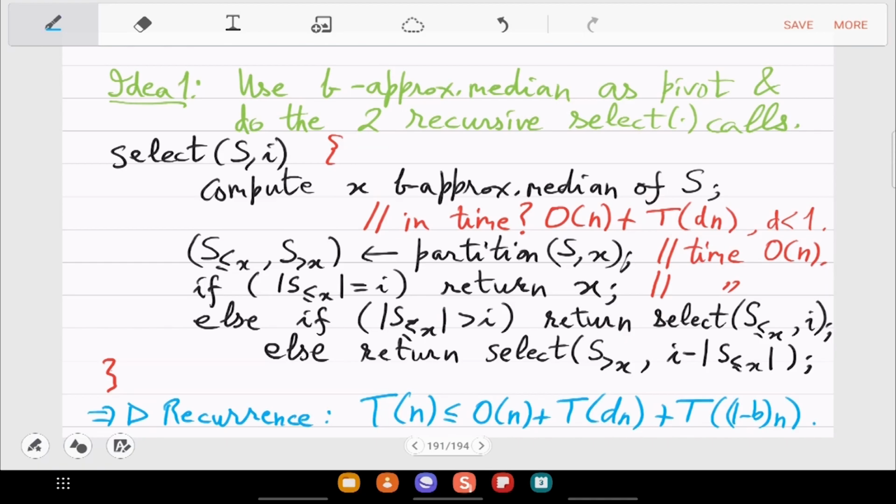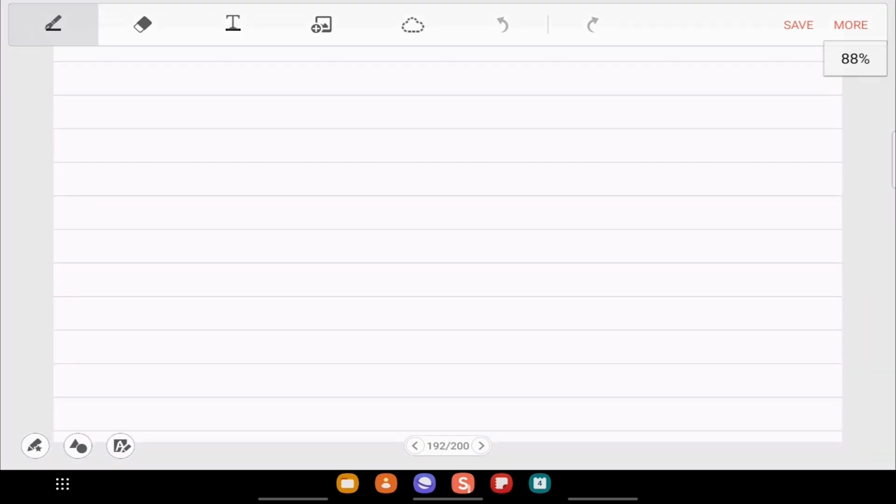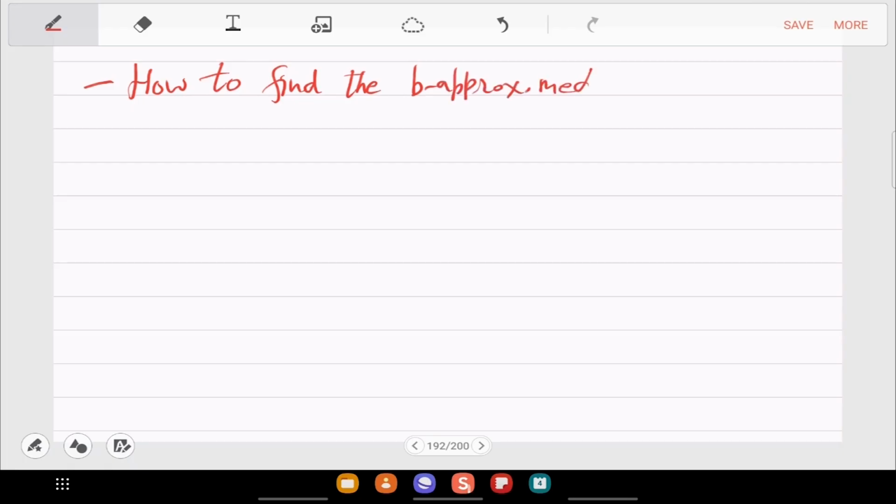Then we will do the really clever part, which is how do you find this approximate median fast? Notice that we have flexibility in picking d and 1 minus b. We have not fixed this yet.